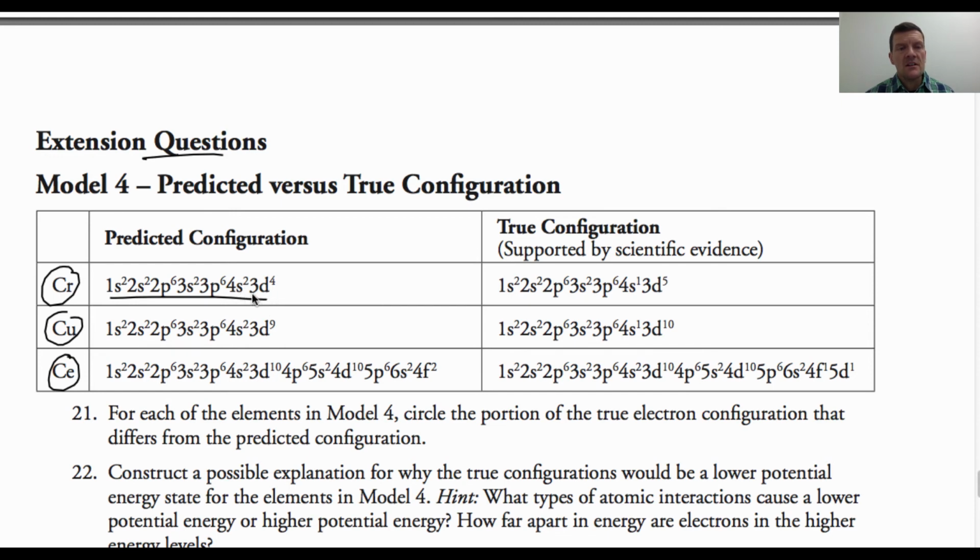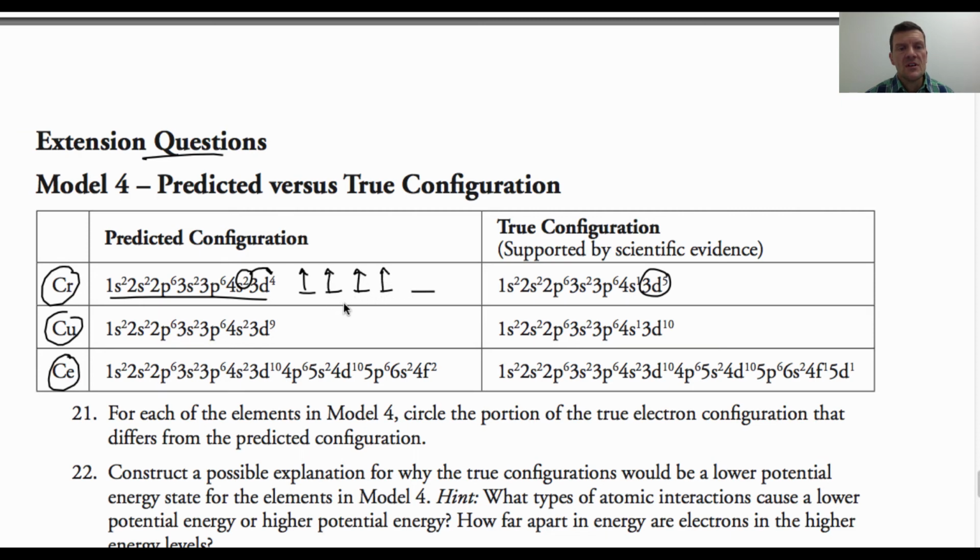But in actuality, in order for chromium to be at a lower energy position, it's easier for chromium to have 1 electron in each of the 5 d orbitals. So it steals one from the s orbital and brings it over here. Remember, for orbitals in the same sublevel, you put 1 electron in each first.